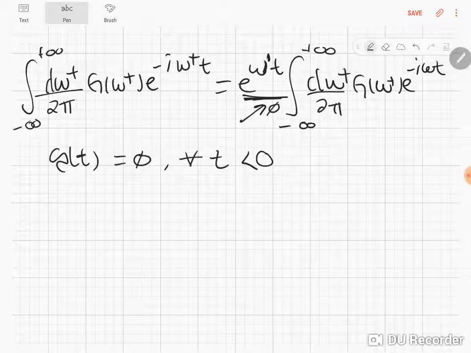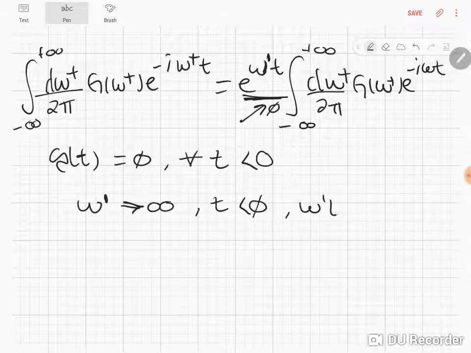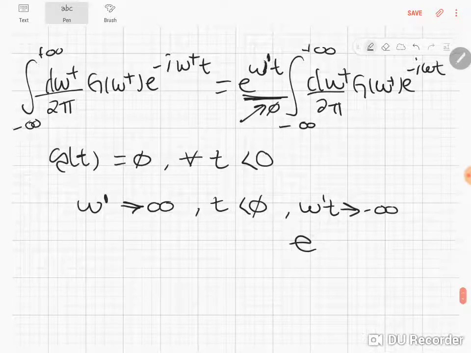That's what we better have. So how is that going to be 0? If omega prime tends to infinity and t is less than 0, that means omega prime t tends to minus infinity, which means that e to the omega prime t tends to 0.